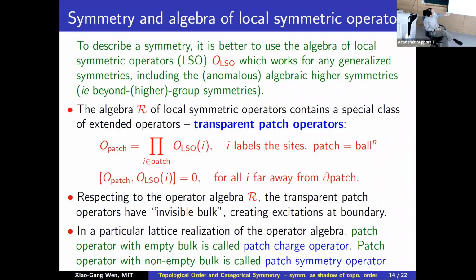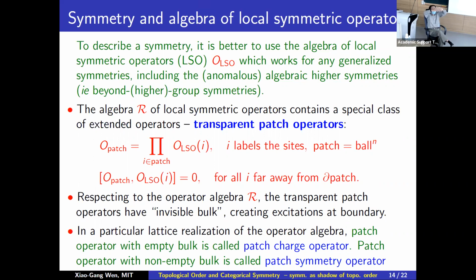So from this point of view, this transparent patch operator creates something on the boundary only, from the algebra point of view. The bulk is invisible, it looks almost like nothing is there. So it only creates something on the boundary. In some sense, this is like a fractionalization of the operator, because a local symmetry operator is something local.